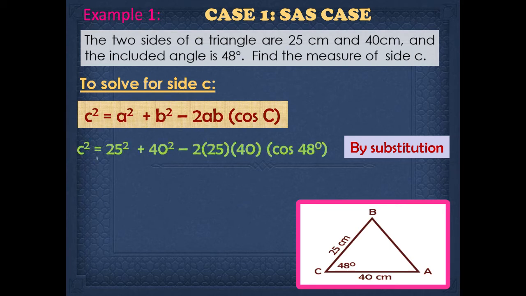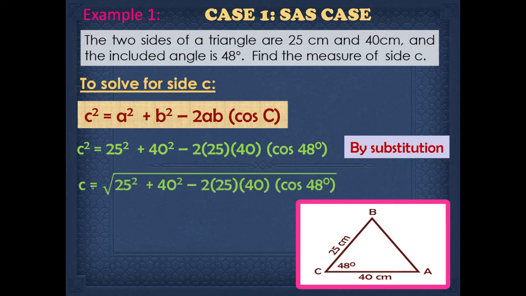So C squared equals 25 squared, since A is 25, plus 40 squared, since B is 40, minus 2 times 25 times 40 cosine of 48 degrees, since angle C is 48 degrees.